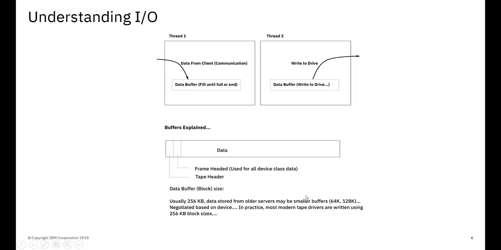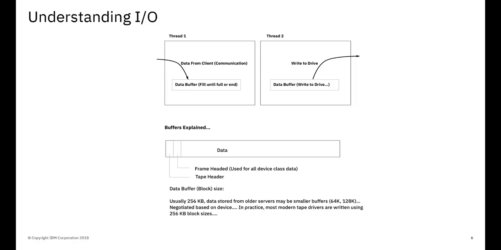And this buffer size is negotiated based upon the device, but most modern tape drivers are writing with 256K block sizes. Now, in the future, as tape technology changes, as it behooves us performance-wise to change that buffer size, you will see us continue looking at what makes most sense for Spectrum Protect in writing out different buffer sizes.